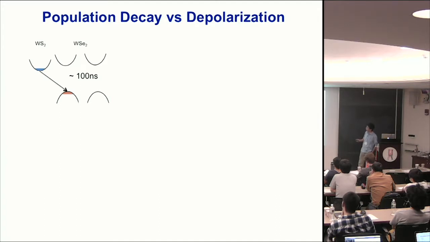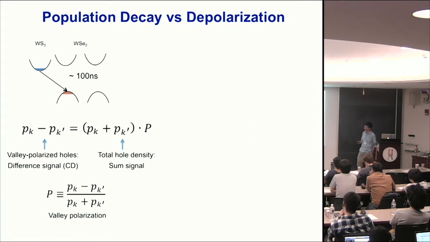But sooner or later, this electron and hole will still recombine. I mean, they are separated, but energetically, they still want to recombine. So they still have a recombination lifetime, which happens at about the 100 nanosecond to 1 microsecond scale. So that basically leads to a population decay.